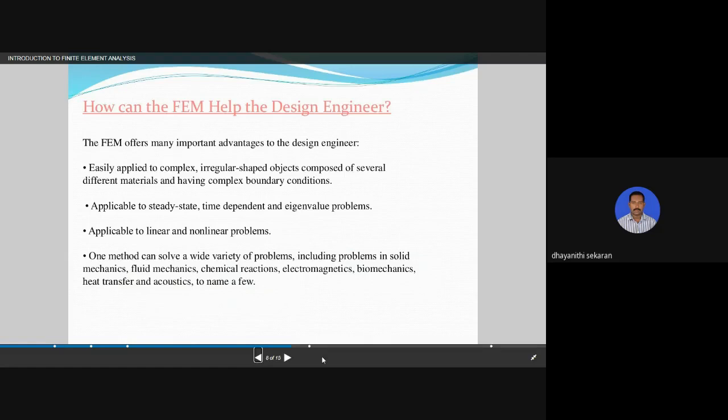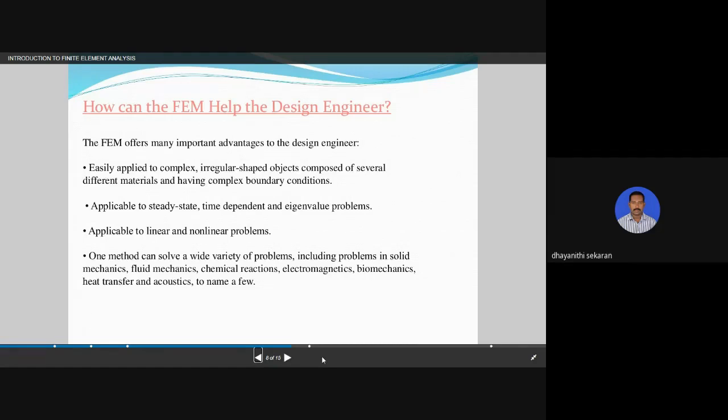Okay, how can the FEM help the design engineer? The FEM offers many important advantages to the design engineer. It is easily applied to complex, irregular shaped objects composed of several different materials and having complex boundary conditions. It is applicable to steady state, time independent, and eigenvalue problems.